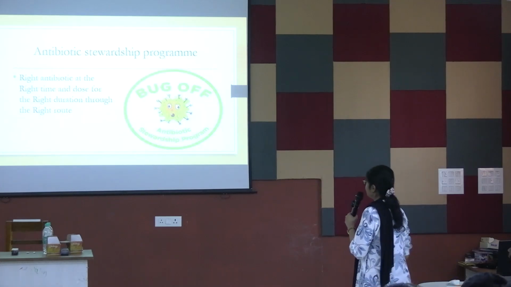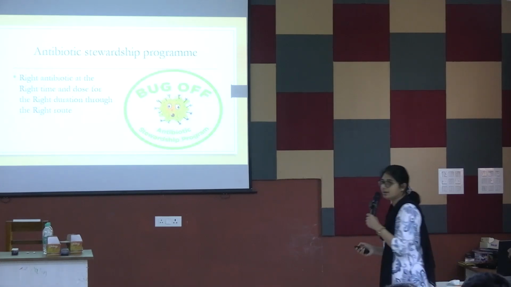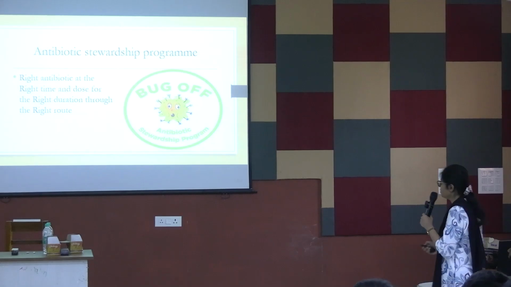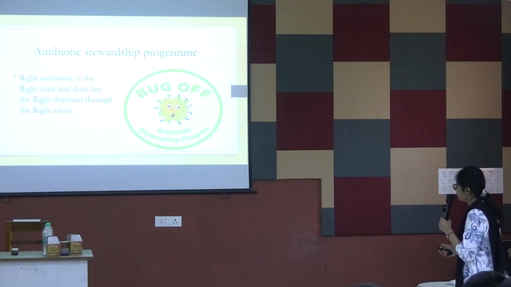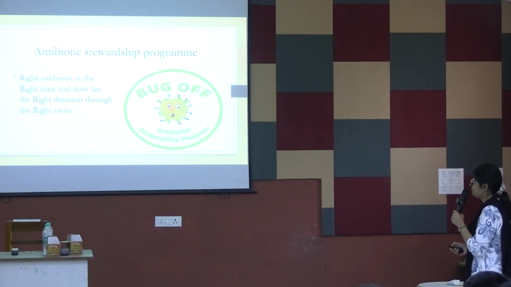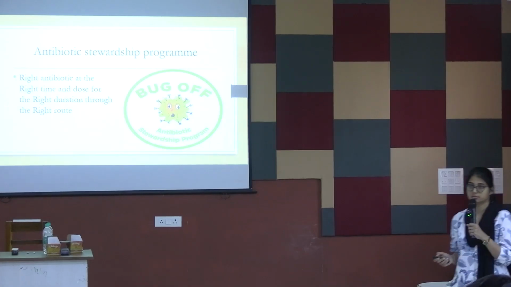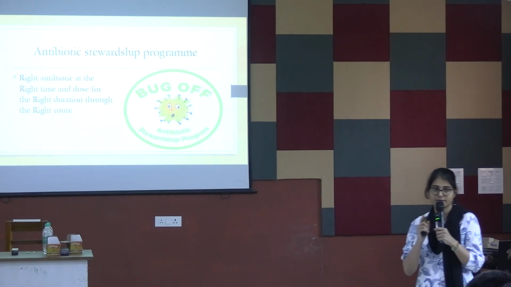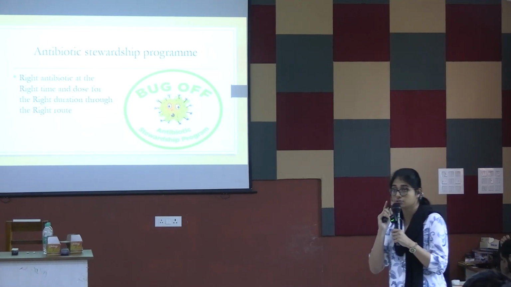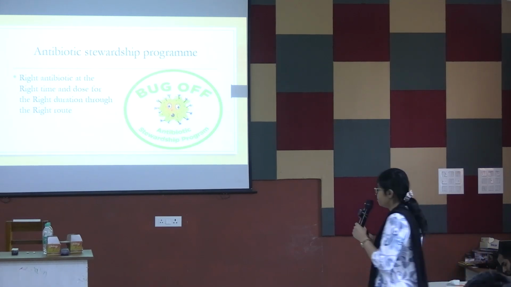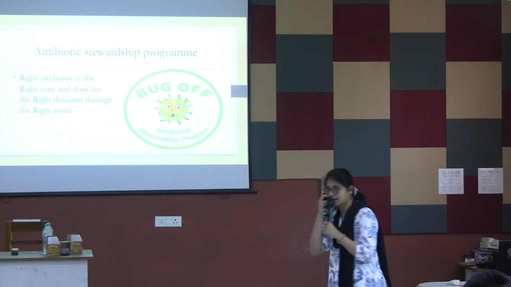Now it is very important to know about the antibiotic stewardship program. Very important. What do you mean by that? Right antibiotic at the right time and dose for the right duration through the right route. So everything must be right to keep the superbugs off. Because now it is very much discussed nowadays.